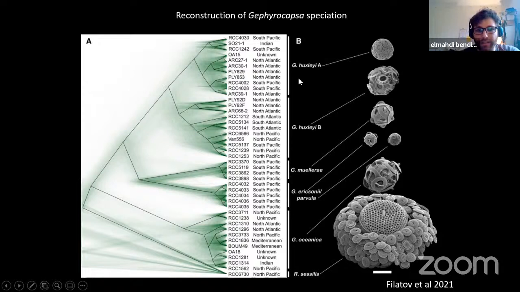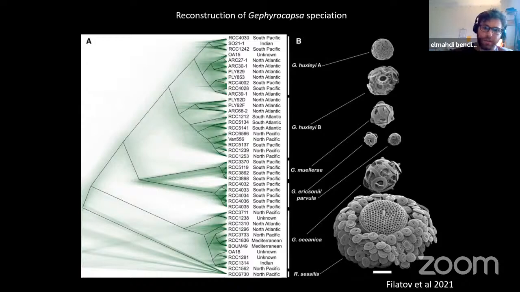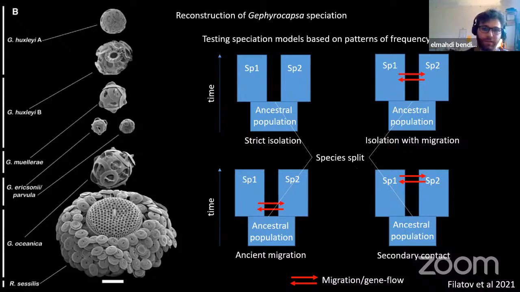It doesn't change much the pattern, just that we can now see more clearly, in Gephyrocapsa huxleyi, that we can separate the A morphotype and the B morphotype. That's something that I will present later on, one of these days, when things will have been thoroughly, or more in-depth, analyzed. But by adding more strains, we can definitely assess more speciation models.